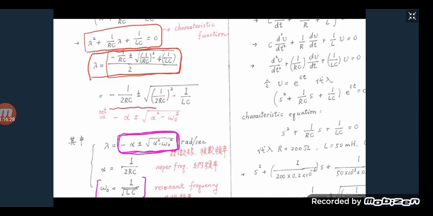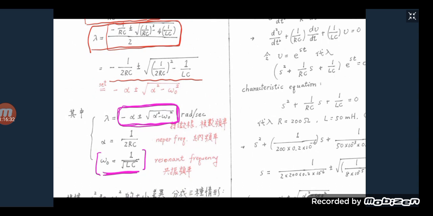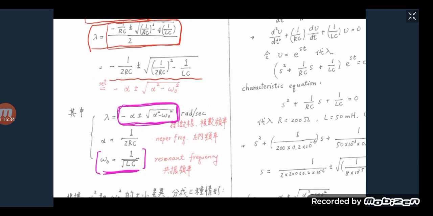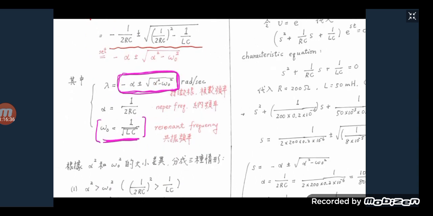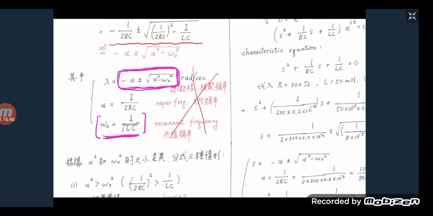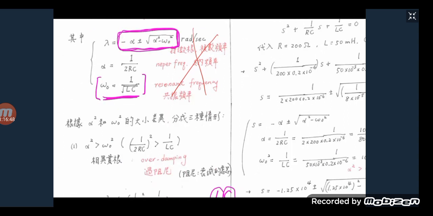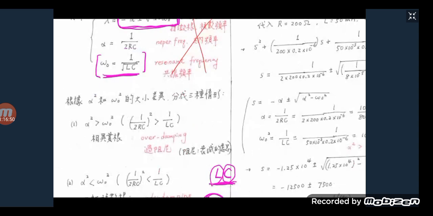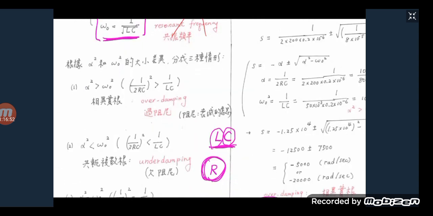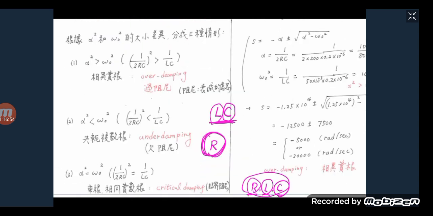And of course it can be simplified. Don't care about the names. You just have to discuss the possible values to divide it into 3 situations.